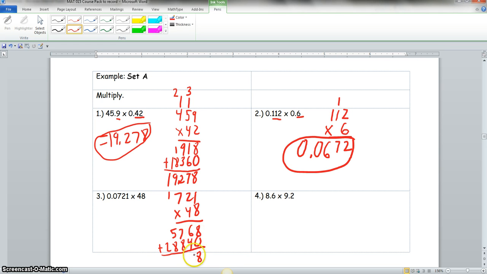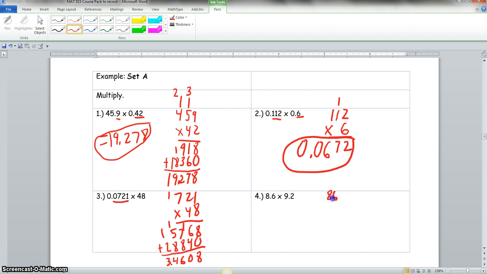We have 8. 6 plus 4 is 10. Carry our 1. 1 and 7 is 8. Plus 8 is 16. Carry our 1. 1 and 5 is 6. Plus 8 is 14. Carry a 1. 1 and 2 is 3. So now we count how many digits we have behind the decimal. It's only 4. So our final answer must have 4 digits behind the decimal. So it'll be 3.4608.